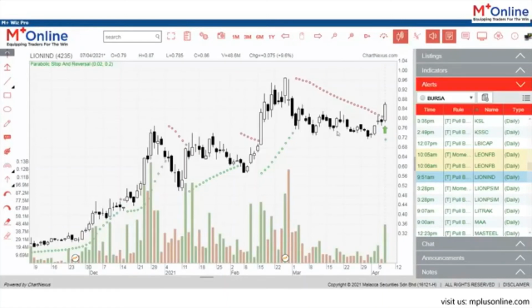For Lion Industry, we can see yesterday it was a Parabolic SAR break, and it also triggered on our M+ Swiss Pro early in the morning before 10 a.m. for the pullback rebound strategy.